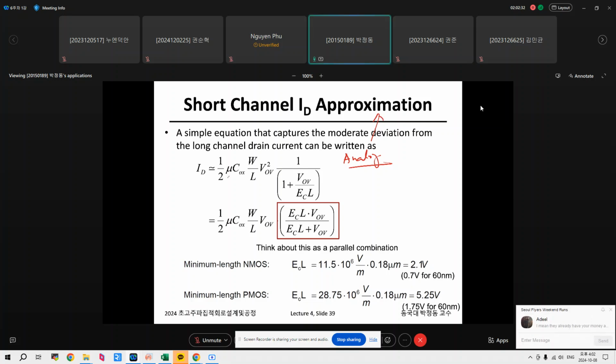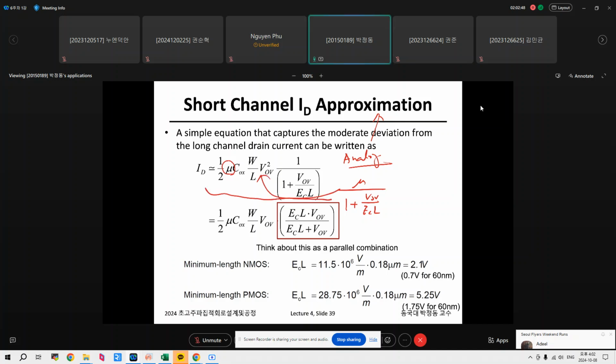So you can easily model the effect of mobility in this way: mu equals mu0 over 1 plus V overdrive over E critical length. By using this, you can rewrite the equation this way.